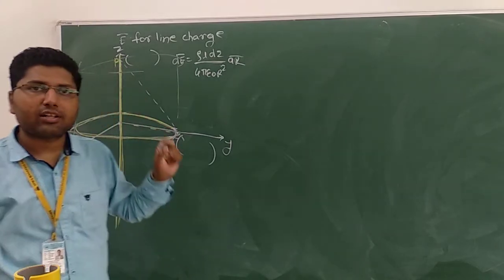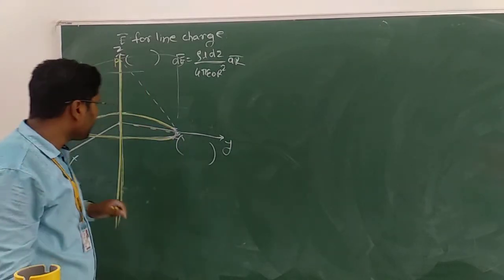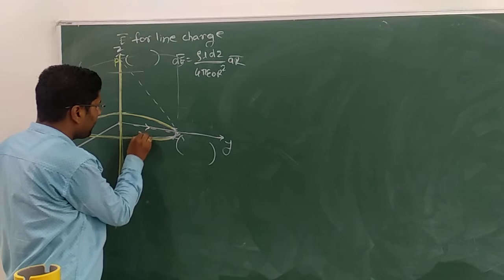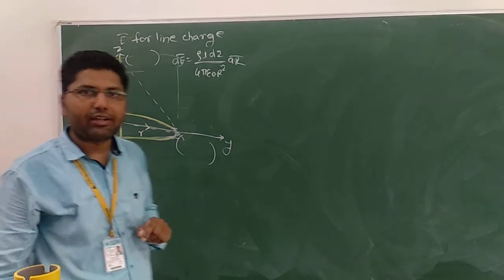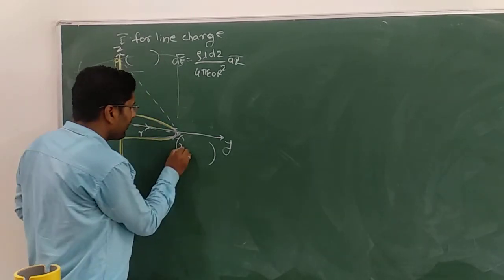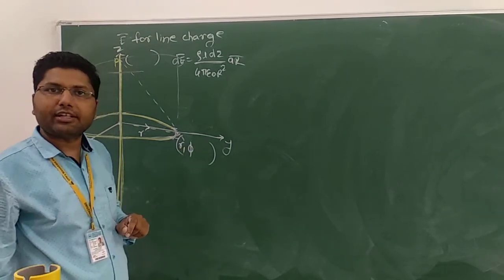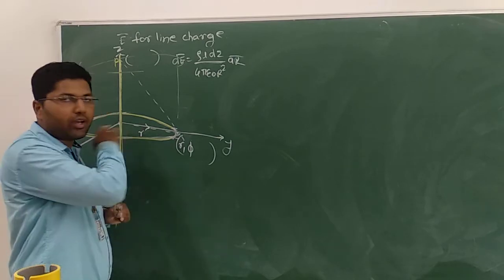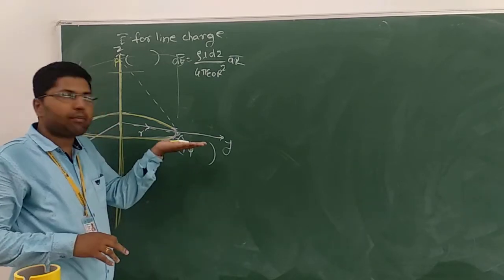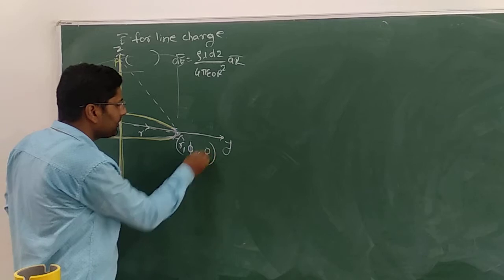So we have to consider a cylindrical coordinate system. Here the radius of the ring is R, and the coordinates are R, phi. What about the z coordinate? The z coordinate will be 0, because we are on the xy plane.